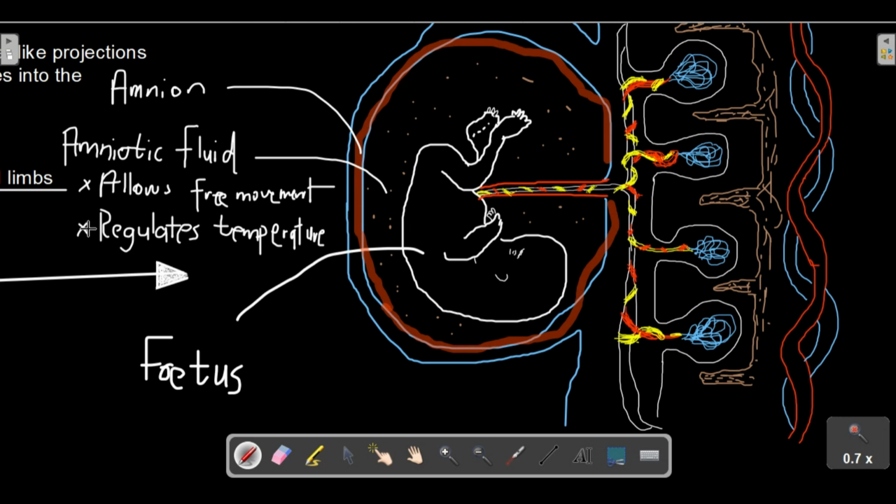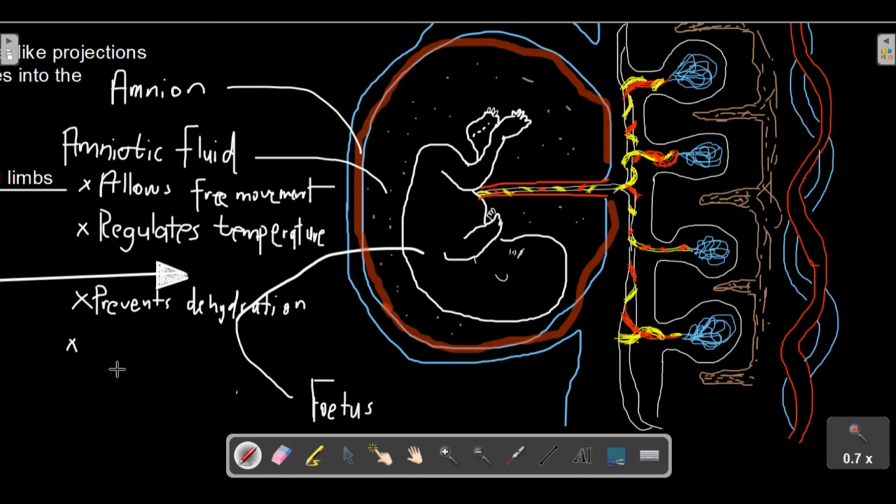The third function of the amniotic fluid is that it prevents dehydration of the fetus. And then the last function of the amniotic fluid is that it absorbs mechanical shock, and hence prevents mechanical injury.